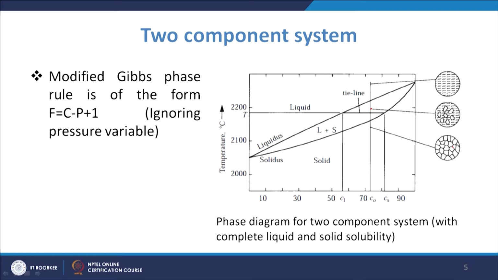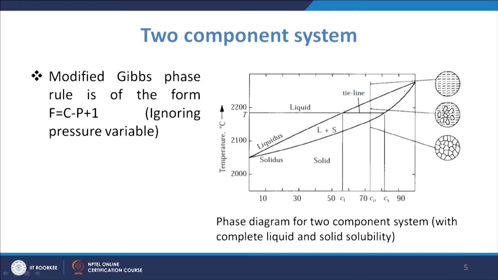Now, what we need to know in this case is that you have two components. One component has its melting temperature at this point, another component has its melting temperature at this point, and as this component percentage increases, its liquidus temperature goes on changing.